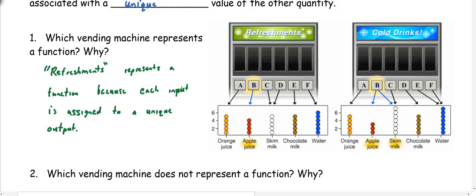Another way to say that is that every button that I hit, I'm going to get one type of drink out of the machine.